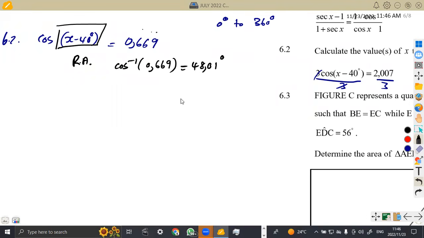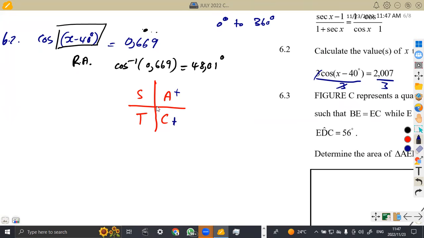But in this case, we are referring to a cos which is positive. So from our quadrants, we know that we've got all students take calculus. Where do we have the cos being positive? We've got the first quadrant, cos is positive, and also in the fourth quadrant, cos is positive.